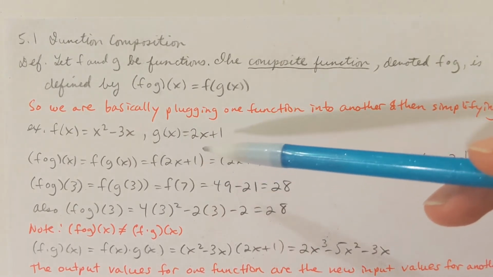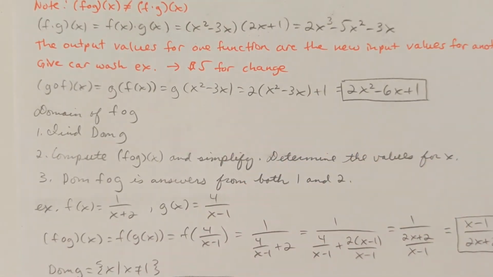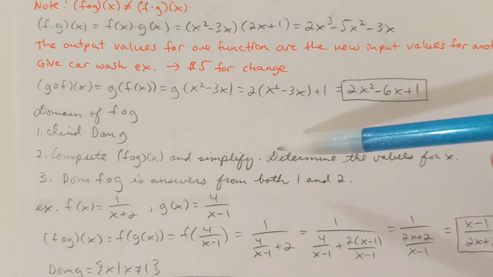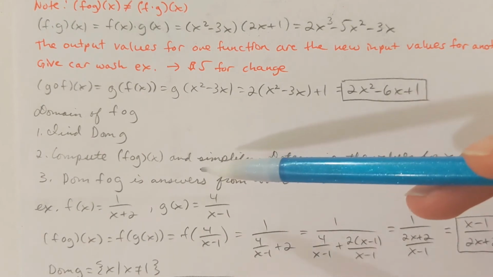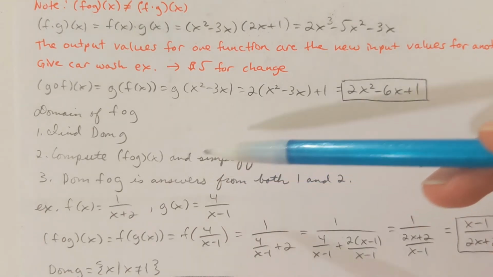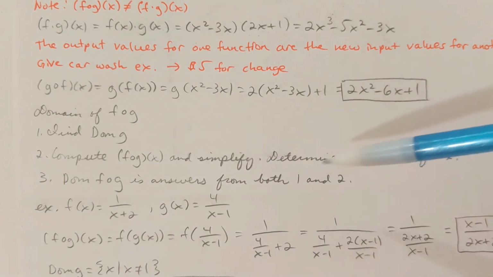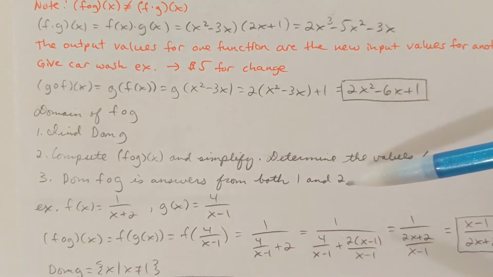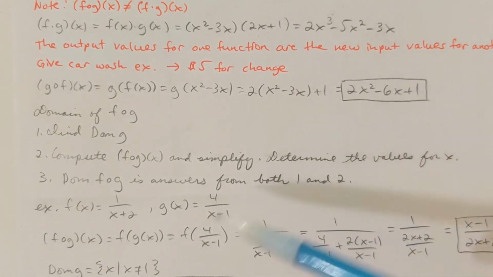Step 2: compute f composed g of x and simplify as far as you can go. Once you're in completely simplified form, determine the domain of f composed g. And if it's the answers from both 1 and 2, then you have the domain correct.